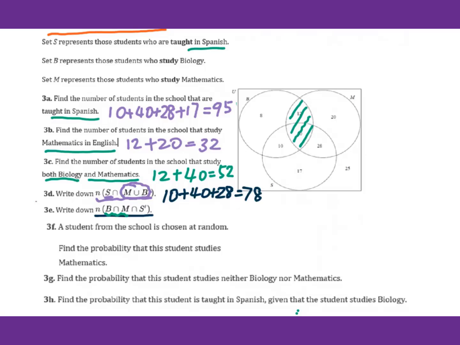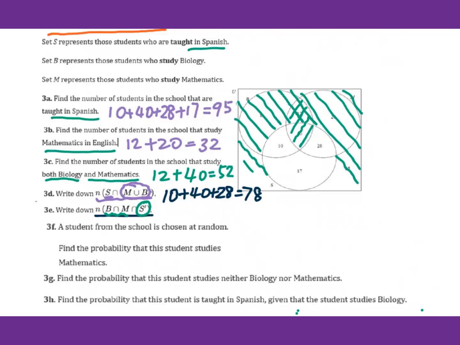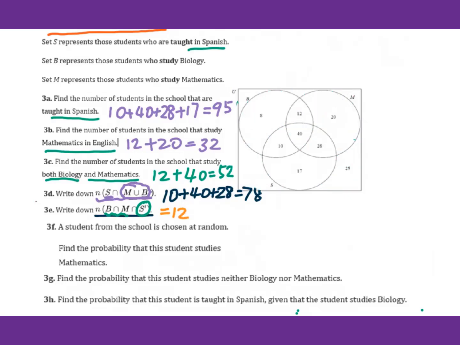Then you intersect S prime, which means the complementary set of this S. So you will shade the area, just don't shade this S, so that you can see the intersection of these two lines. And you could see it's this area, equals 12.